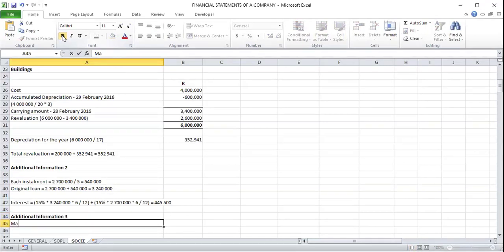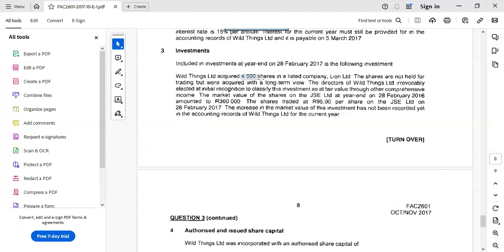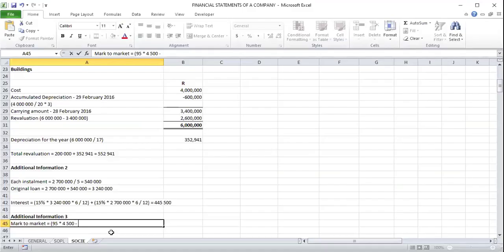Mark to market: the new value is 95 multiplied by the number of shares, 4.5. So it's 4.5 multiplied by the new value 95. Then we subtract the value at the end of last year, which was 360.